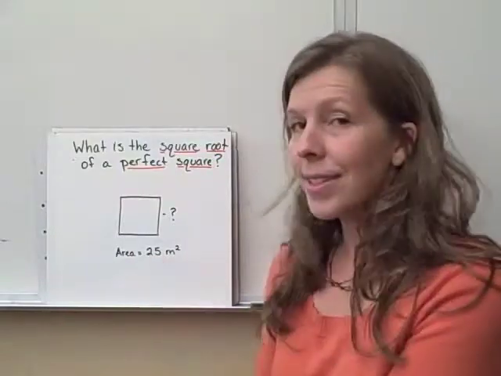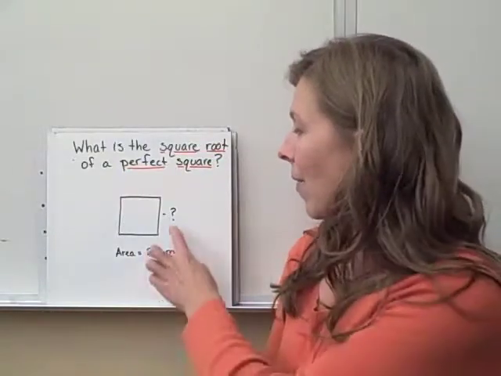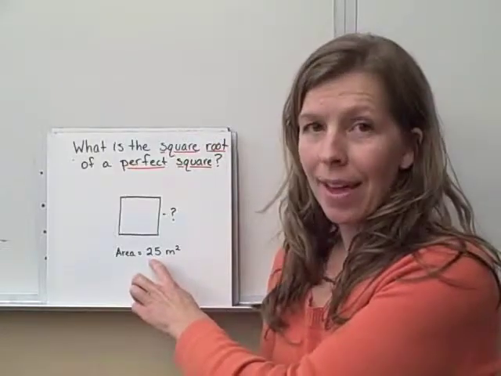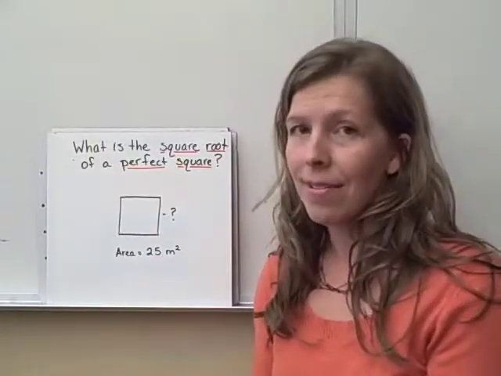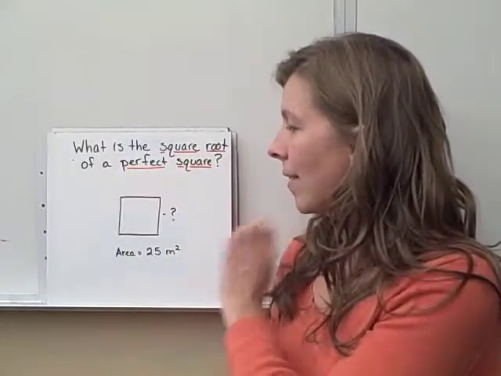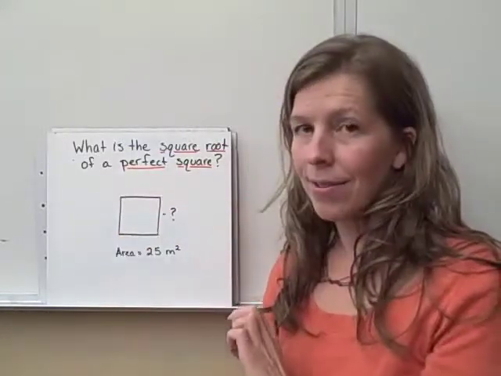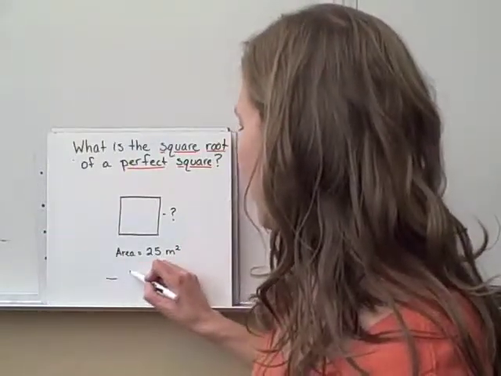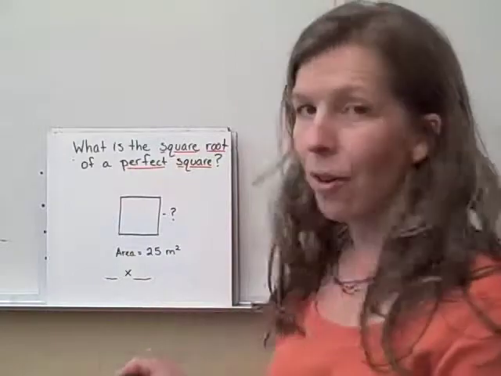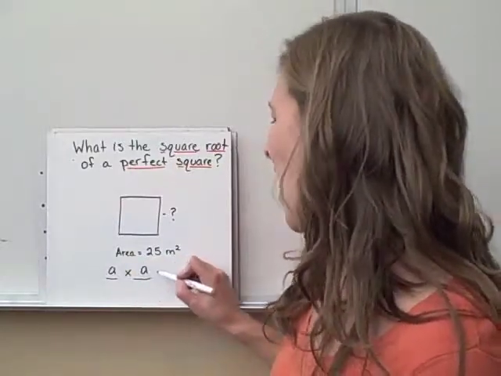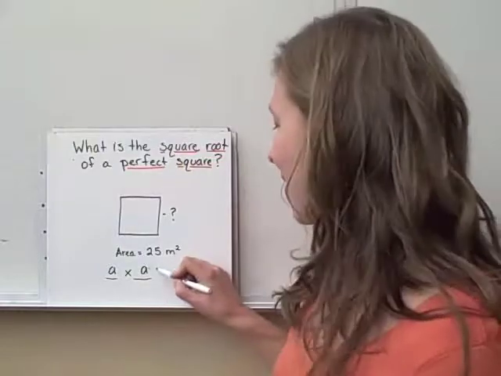But if we know this is a square, and all the sides have to be equal, and the total area is equal to 25, we know that this side times this side equals 25. So what would that be? Something times the same thing. In algebra, we would use a variable, and it has to be the same one, right? So let's say it's a times a equals 25.